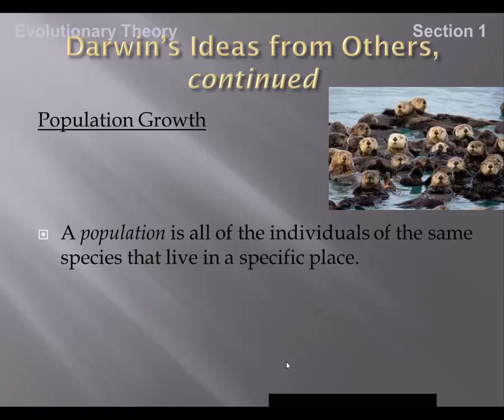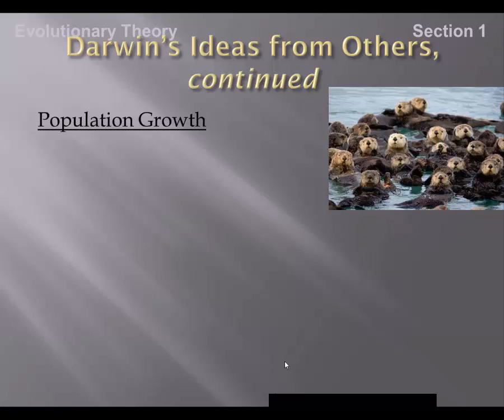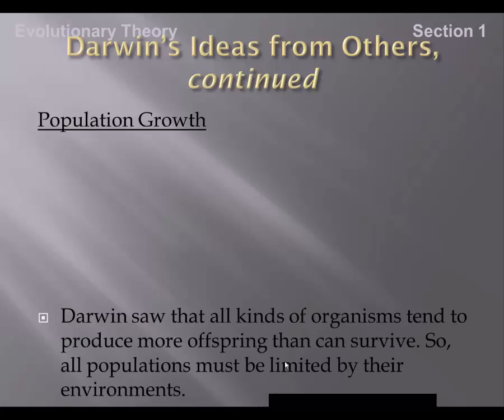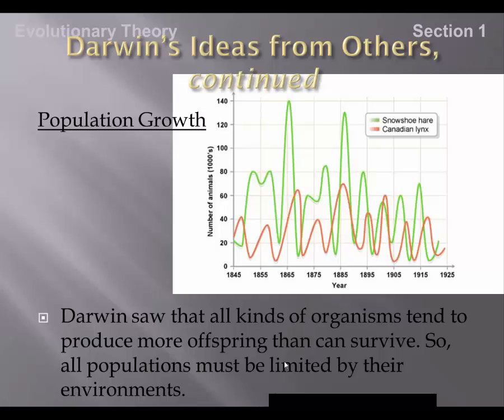Recall that a population is all of the individuals of the same species that live in a specific place. Darwin saw that all kinds of organisms tend to produce more offspring than can survive. So all populations must be limited by their environments. So this is a perfect example of that. The snowshoe hare versus the Canadian lynx. You can see where the snowshoe hare population increases.